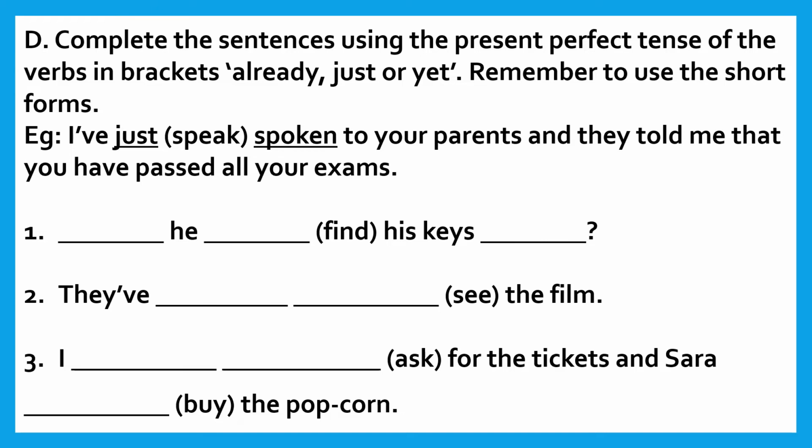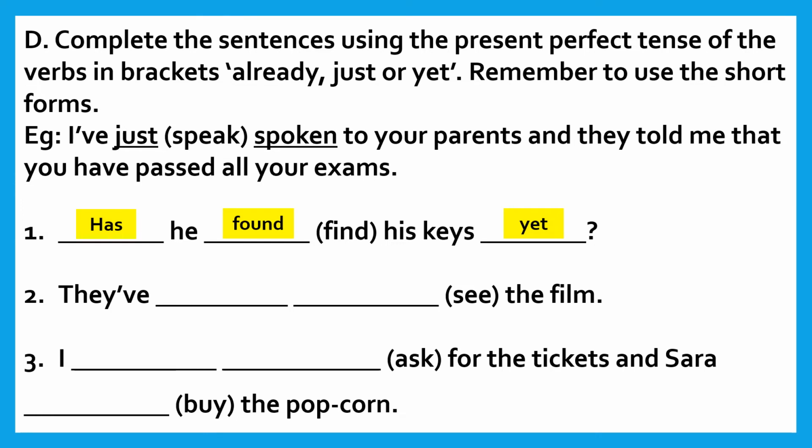The first one. Dash he dash find his keys dash and a question mark. Our answer, has he found his keys yet? The second, Dave dash dash see the film.